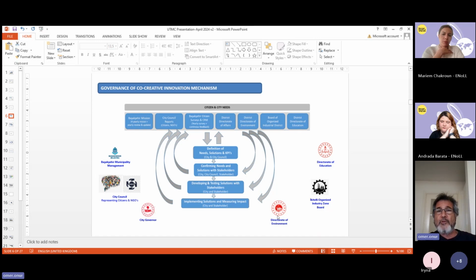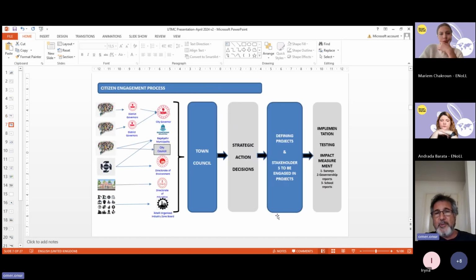And through the different structures which are included, like the Başakşehir city council, using citizen surveys, the district directorates of environment, industry, education, etc., they form a group of representatives where all these needs and solutions are discussed on a yearly basis to define the roadmap of every year for the city.